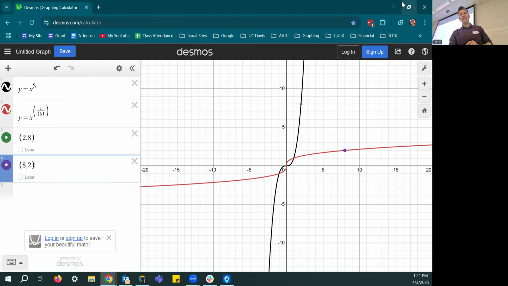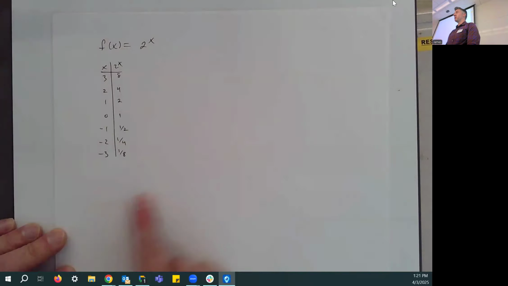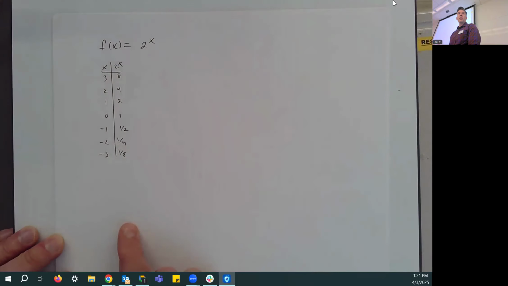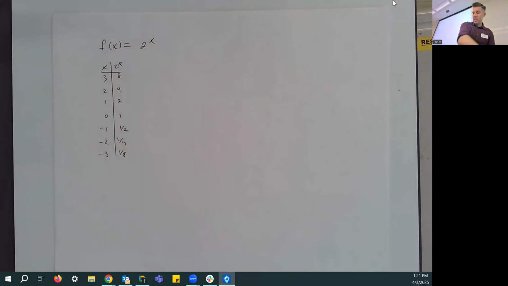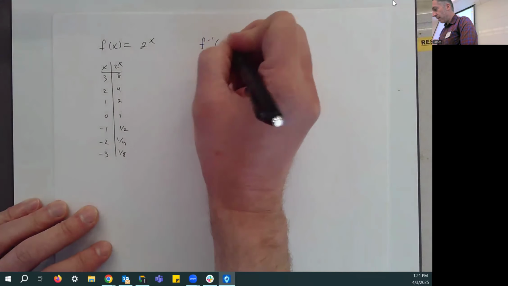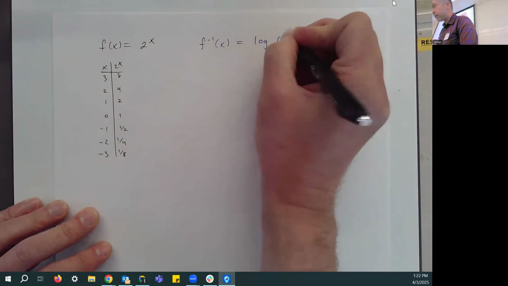So what we'd really like is a function that is the inverse of this, where instead of the inputs being these numbers and the outputs being those numbers, we interchange their role. And we're going to give it a name. The inverse function here is equal to log base 2 of x.